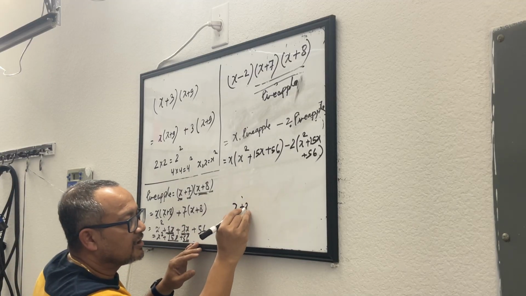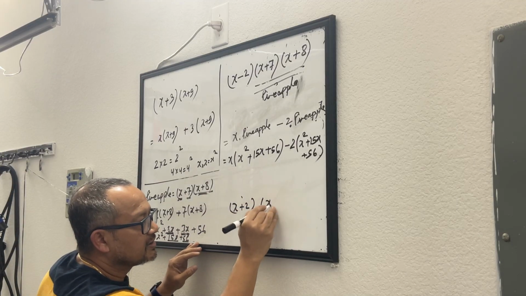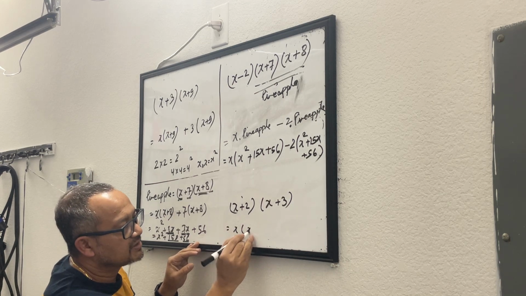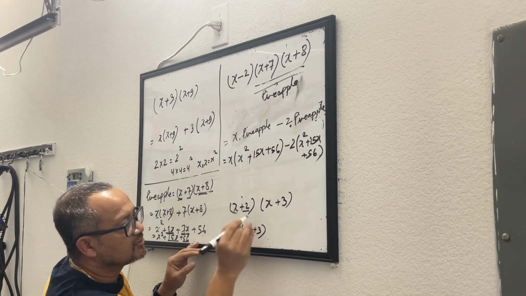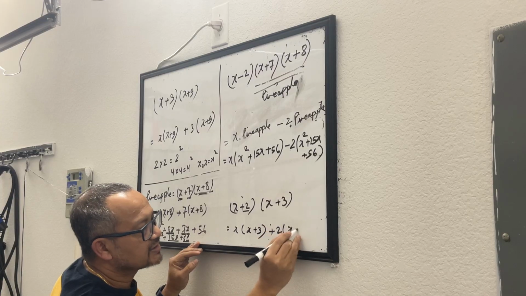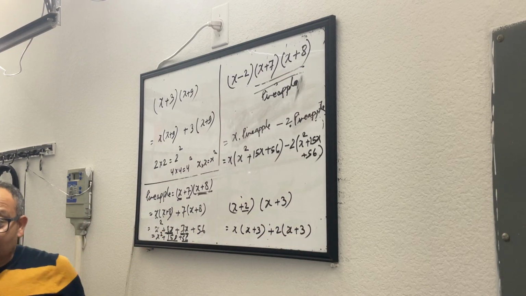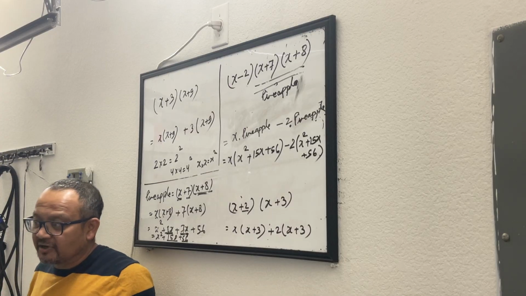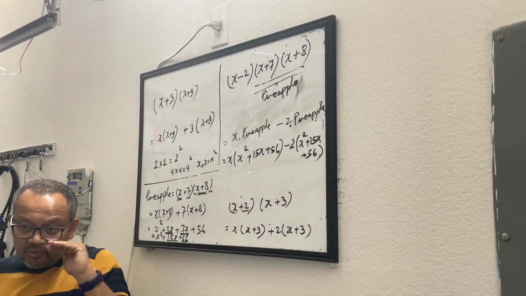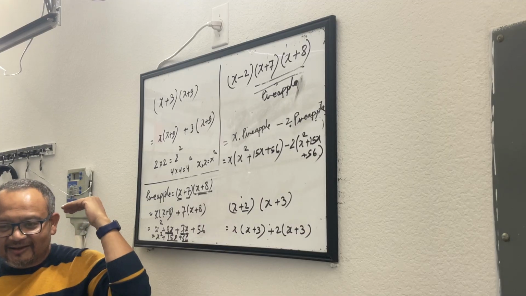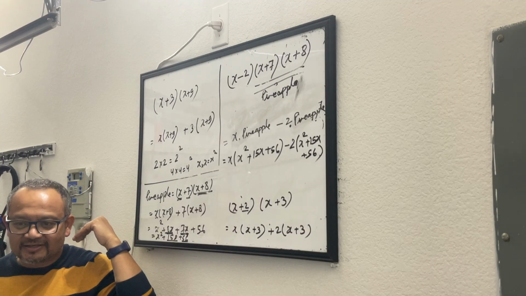You guys are missing something. If I am doing this, what will I do? x times this plus 2 times this, isn't it? No, don't get forced to believe it. It takes a few pushes sometimes to go through this.